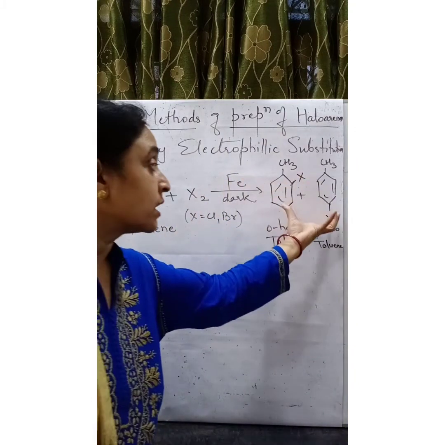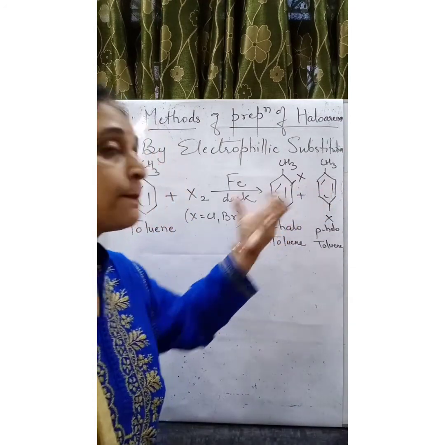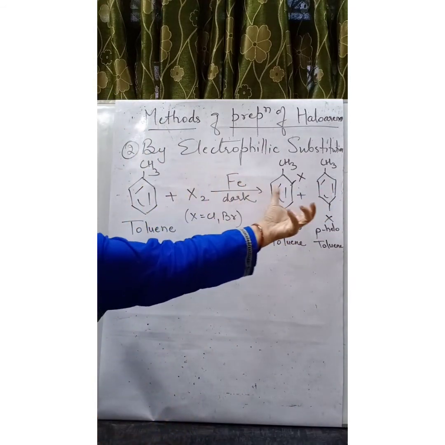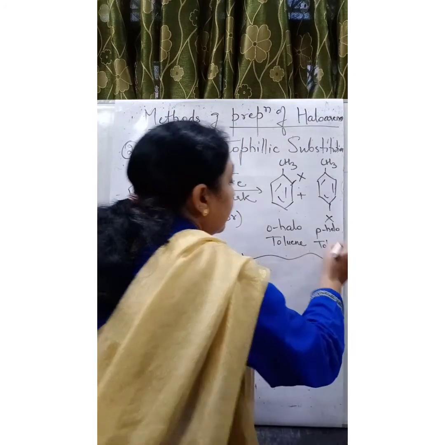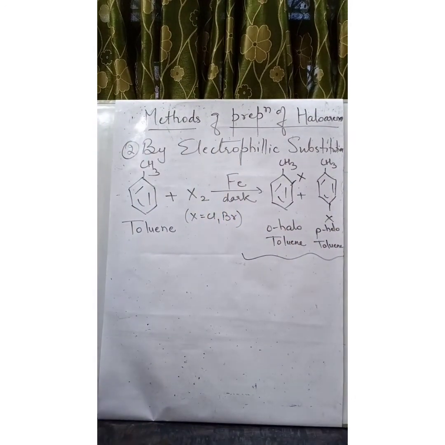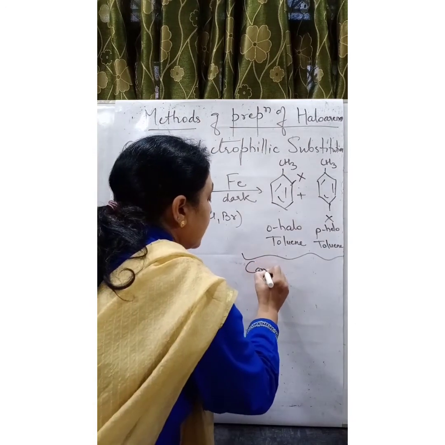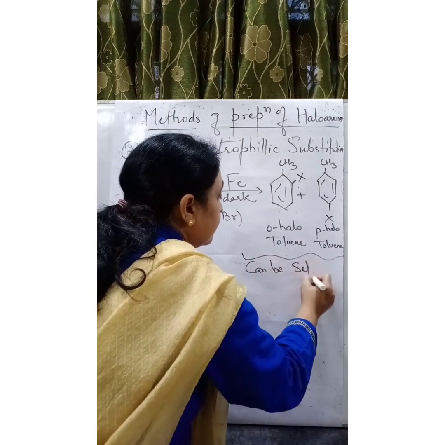Now these two products can be separated. This mixture of ortho-halotoluene and para-halotoluene can be separated easily due to large difference in their melting points.